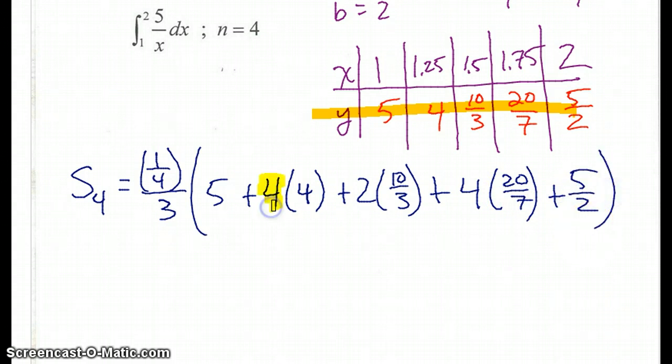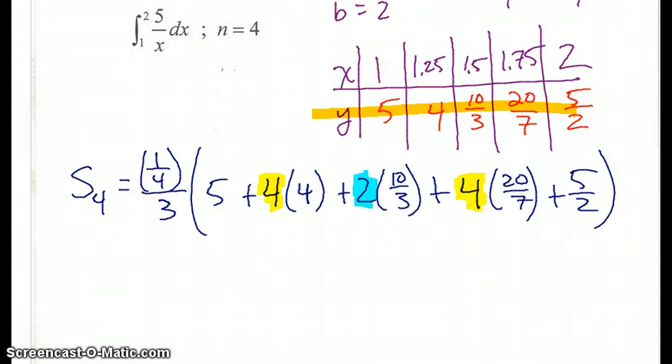Start off with 4, alternate, then there's another 4, and we're going to alternate with 2's. Notice we're going to start with a 4, we're going to end with a 4 right before our initial and last y values that are not multiplied or changed by anything.